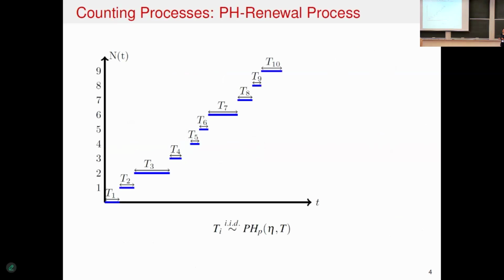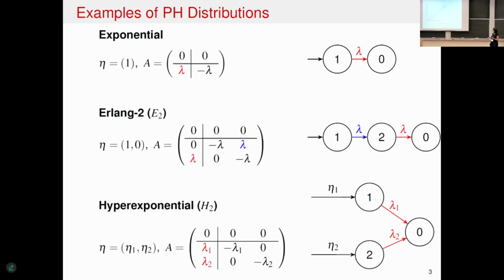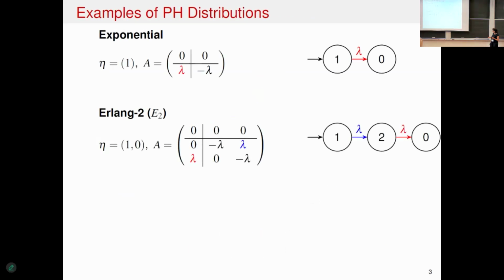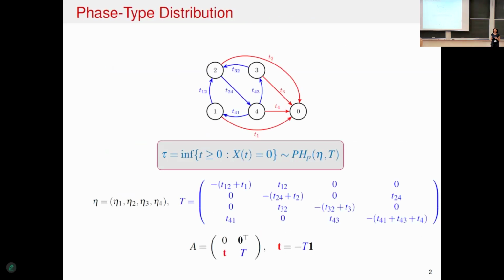Now, if we consider a counting process where the interarrival times are independent and identically distributed based on a phase type distribution, then we have a phase type renewal process. I forgot to remind you about the colors that I used. If I go back here, whenever I have transitions only between phases, I show them with blue.